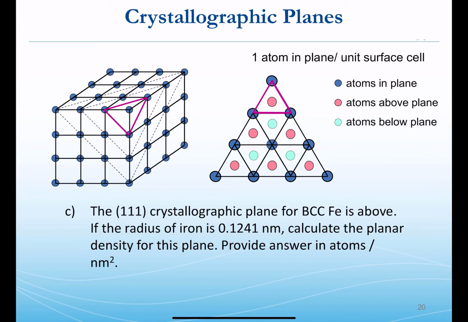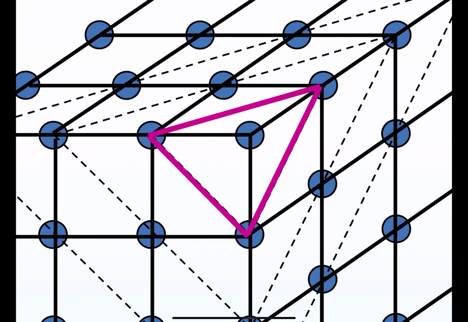Okay, and as a follow-up, I ask you to consider here the option for the 111 this time for the body-centered cubic iron using the same information we had, and see if you can do this planar density as an example. This one is a bit harder. We'll give you a bit of a pointer here. Here's the cubic lattice. We have numerous cells built up here.